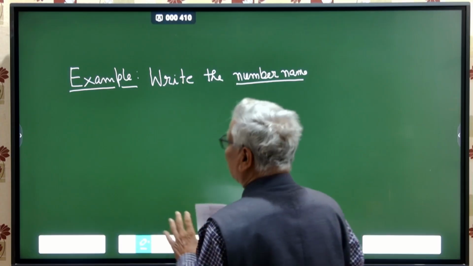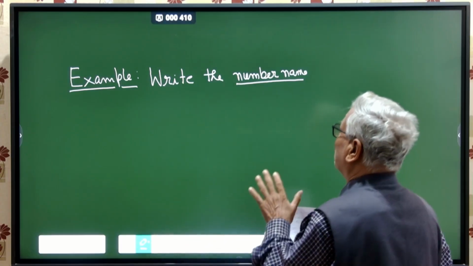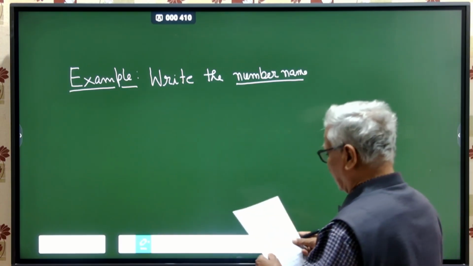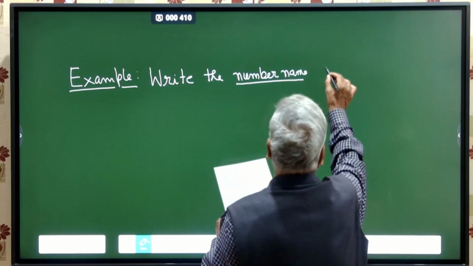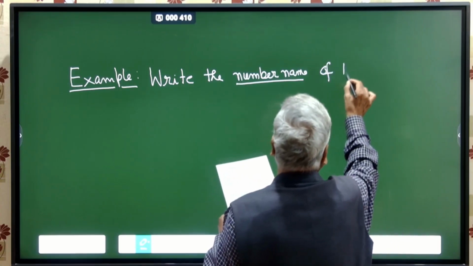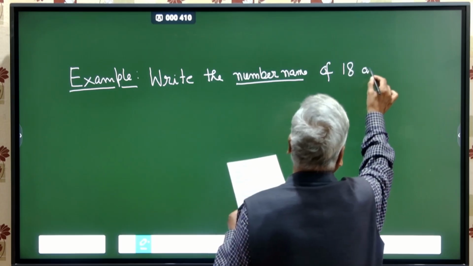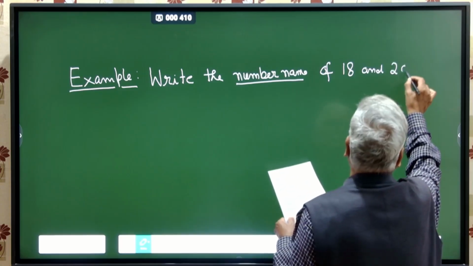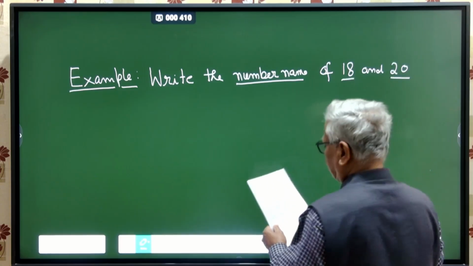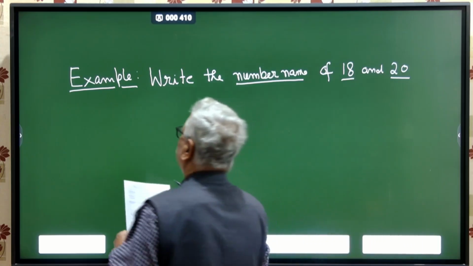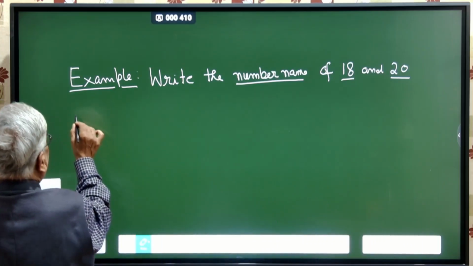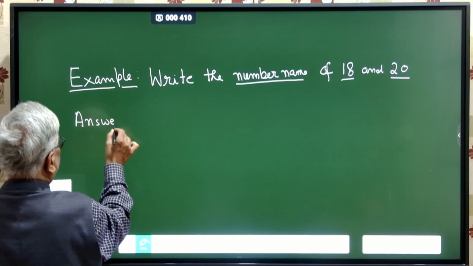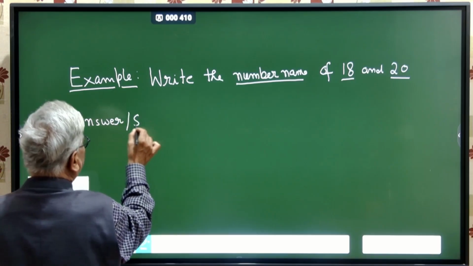The teacher should tell the students the number name, numeral name, and natural number name are the same, of 18 and 20. Answer. You can also say the answer and solution are the same.